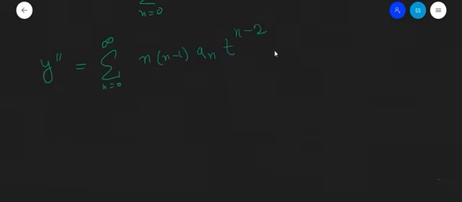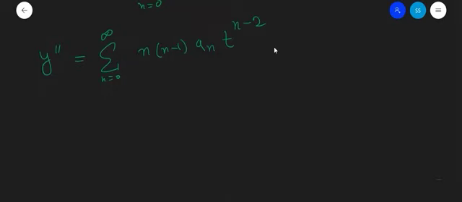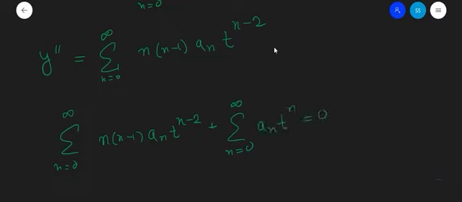And now we are going to substitute all these things into the differential equation. So if you do that, you will have the sum from n equals 0 to infinity of n into n minus 1 a n t to the power n minus 2, plus the sum from n equals 0 to infinity of a n t to the power n, equals 0.